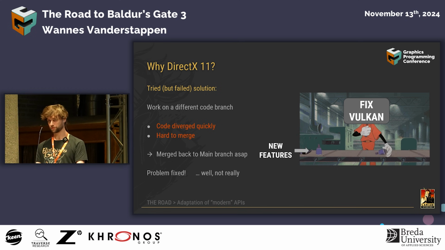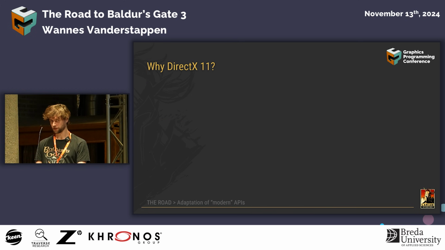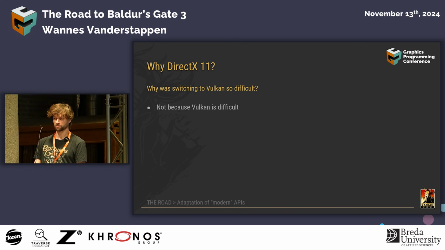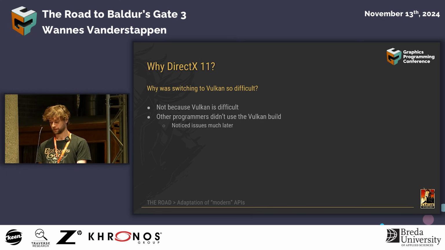This is kind of what we ended up in. New features kept on being made, and we kept on fixing the Vulkan version. And you might think, why was switching to Vulkan so hard? Well, not because Vulkan is difficult, because, well, it's obviously a bit more complex than DirectX 11, but mostly because other programmers, firstly, weren't using the Vulkan build yet, so we noticed issues much later.